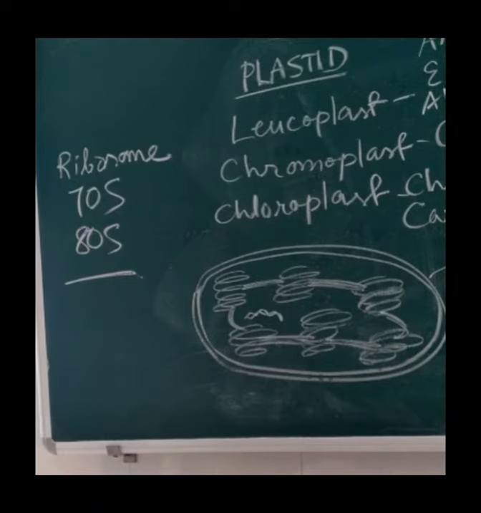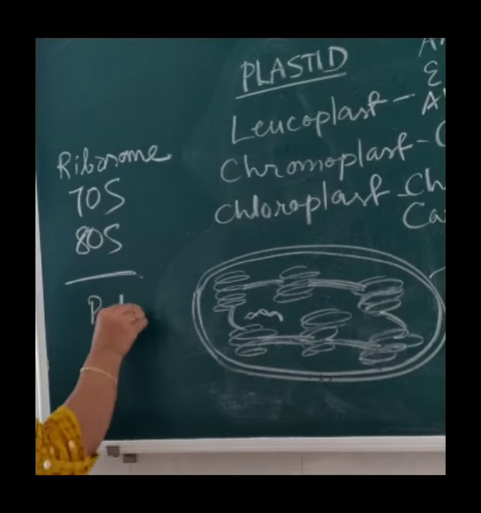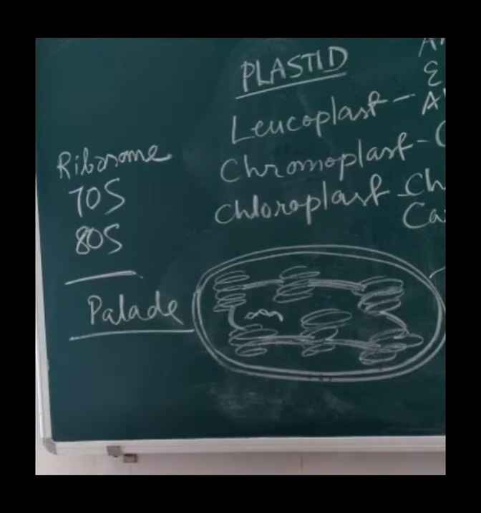Generally we have studied that 70S and 80S ribosomes are there. Ribosomes are small granule-like structures found on the endoplasmic reticulum, discovered by George Palade. And 70S ribosomes are seen in prokaryotes and 80S ribosomes are seen in eukaryotes.